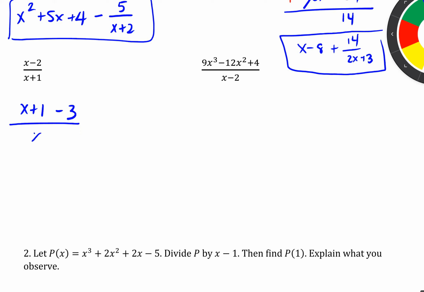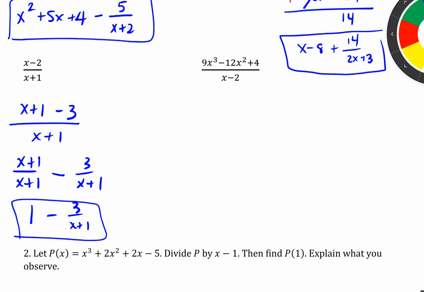I didn't change anything. If I understand what we're doing then with the fractions, I can separate that into two different fractions, x plus 1 over x plus 1 minus 3 over x plus 1, which reduces to 1 minus 3 over x plus 1. So that's my final answer.